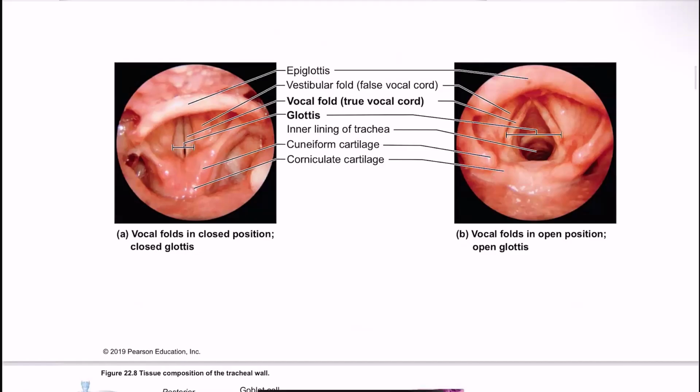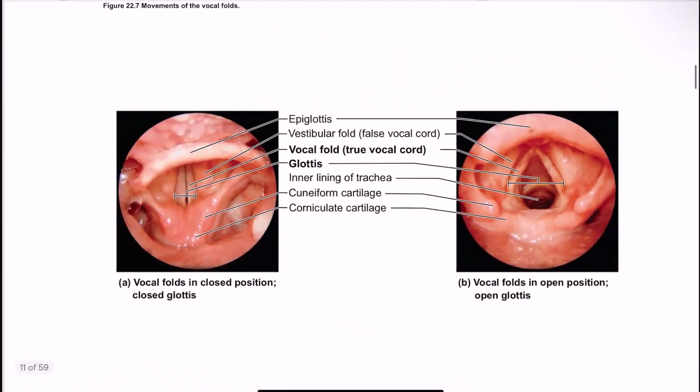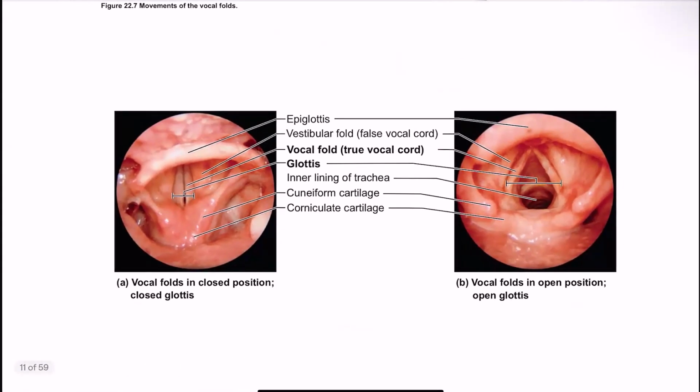Okay, so what we're looking at here is a superior view. What that means is that we're looking from the top down, down into the larynx. So we have this little bit of epiglottis here near the top. And then we have our vocal cords.